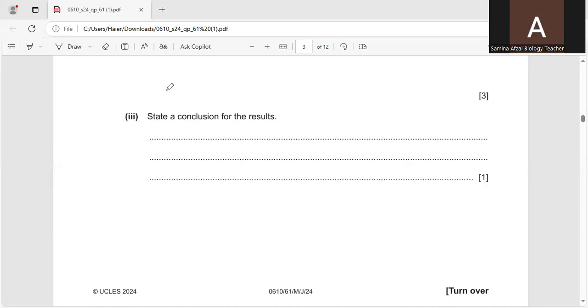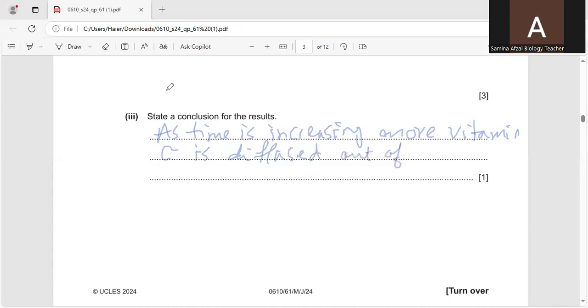You can say, as time is increasing, more vitamin C is diffused out of the food.